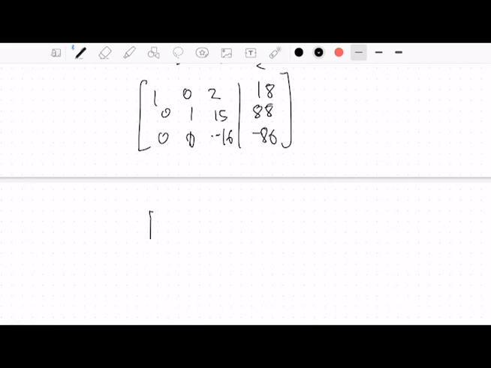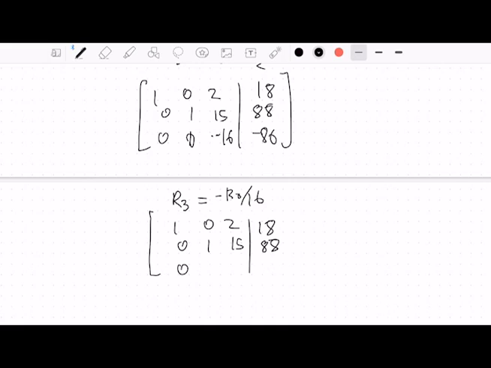And then next we would do R3 is equal to negative R3 divided by 16: 1, 0, 2, 18, 0, 1, 15, 88, 0, 0, 1, 43/8.